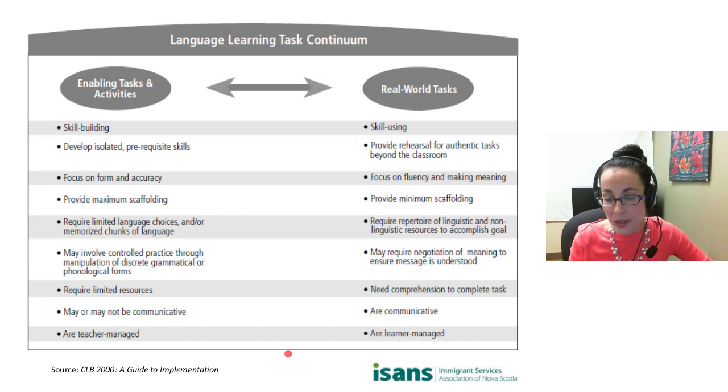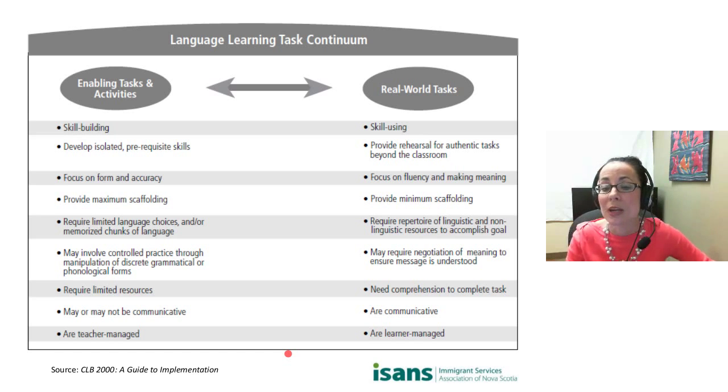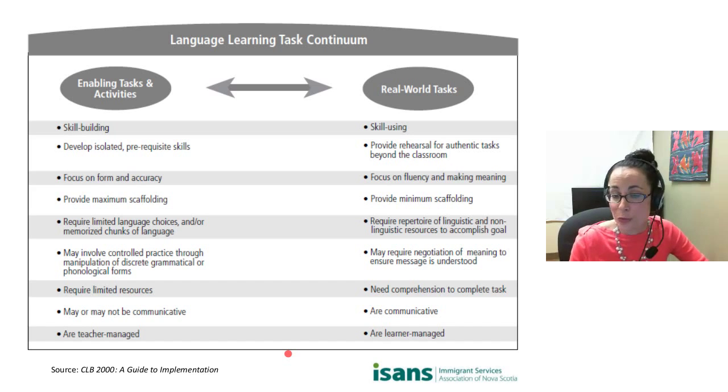And that goes back to, again, our tasks being memorable, so that we're allowing them to build up those prerequisite skills, to rehearse and practice those skills in a safe environment, but still a real-world classroom environment, and then going, not physically going with our students, but hopefully going with our students here with the language to help them do those tasks in actual situations, authentic situations. So enabling tasks focus on form and on accuracy. The real-world tasks are focusing more on the fluency and making meaning, communicating meaning.